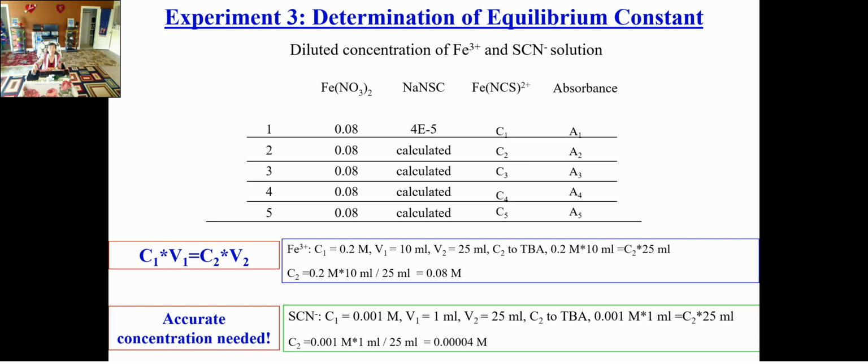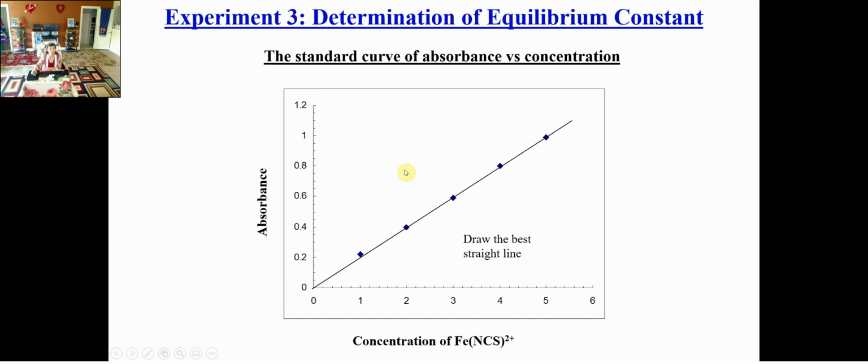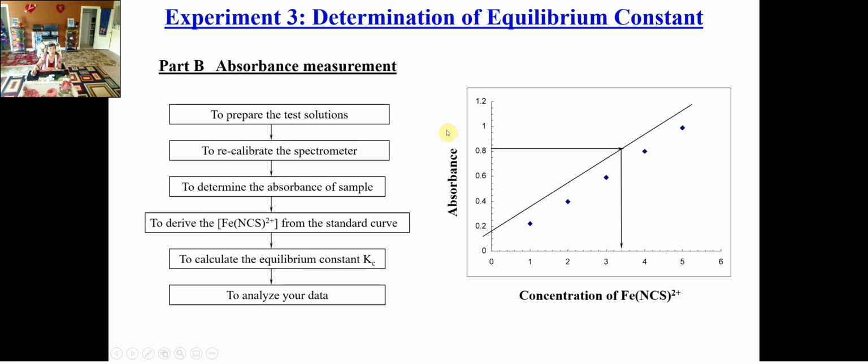You are going to derive the concentrations, and then use K equals the concentration of product divided by the concentration of reactants, which is called the mass action law, to determine the equilibrium constant K.